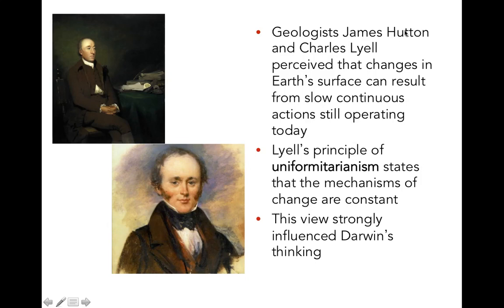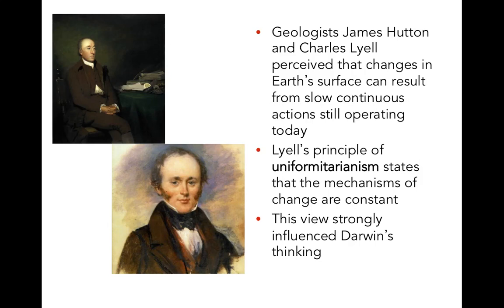However, some of the first scientific geologists, James Hutton and Charles Lyell, proposed that the Earth's surface is changing continuously and very slowly, and that the boundaries between the strata were not necessarily the cause of catastrophic events, but were actually the cause of the same types of events that might occur in the modern age, things like earthquakes and volcanoes and tsunamis.